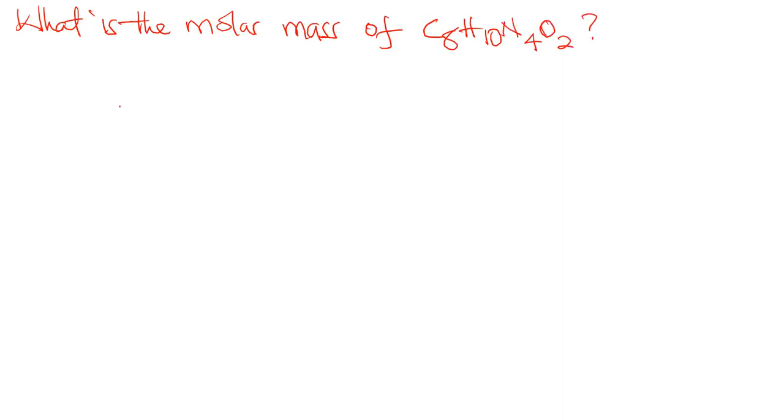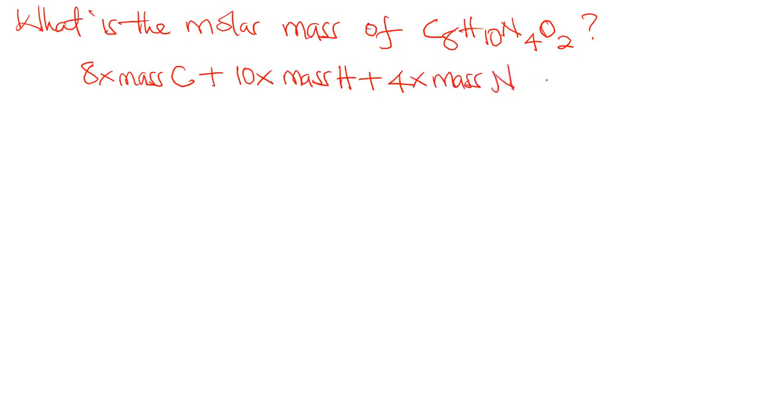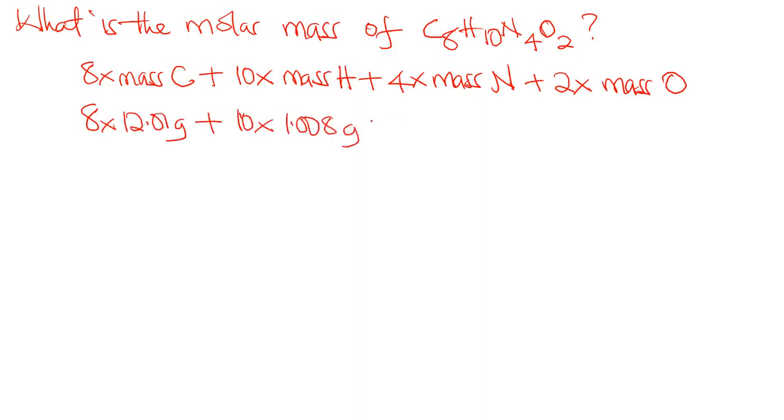So for this one, we are going to have 8 times mass of carbon plus 10 times mass of hydrogen plus 4 times mass of nitrogen plus 2 times mass of oxygen, which in this case is 8 times 12.01 grams plus 10 times 1.008 grams plus 4 times 14.01 grams plus 2 times 16.00 grams.